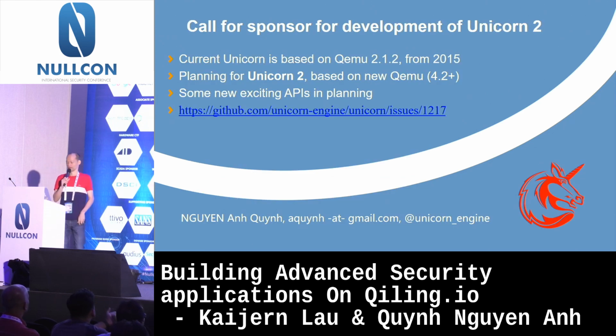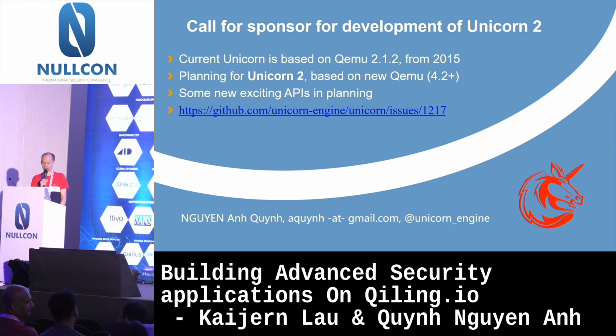Finally, we want to call for sponsors for development of Qiling 2. The current Qiling version is based on a very old QEMU version, 2.1.2 from about 5 years ago, and we did not really update it after that. So we plan to build the next version, Qiling 2, based on the latest QEMU version.